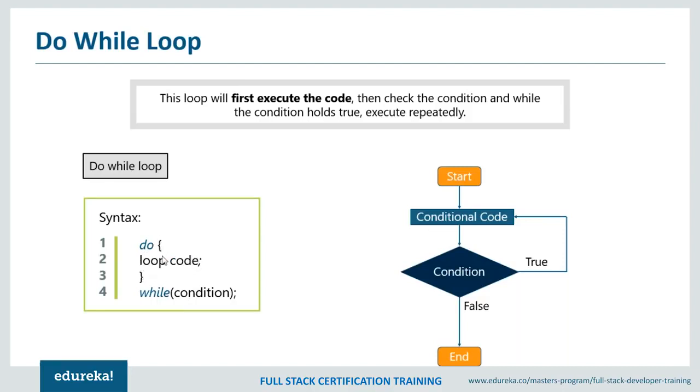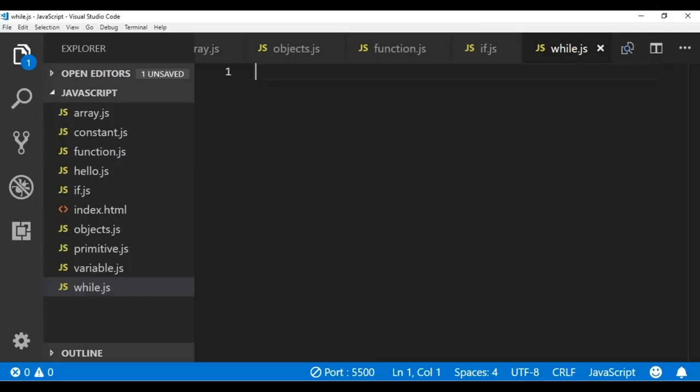Now this code is executed once, and only after that the condition is checked. If the condition is true, then you're going to execute it again, but if the condition is false, you're not going to execute it. But this code is definitely executed at least once. Okay, that's the difference between do while and while. So the loop code is executed at least once in the do while loop. Okay, now let's do this practically.